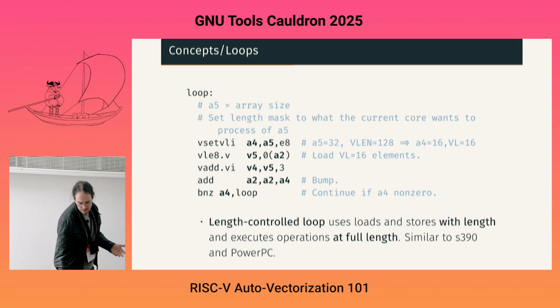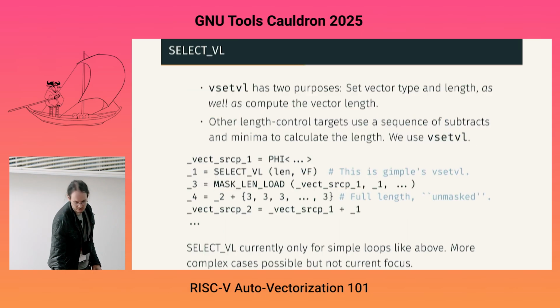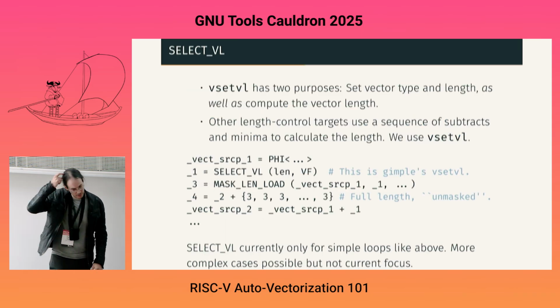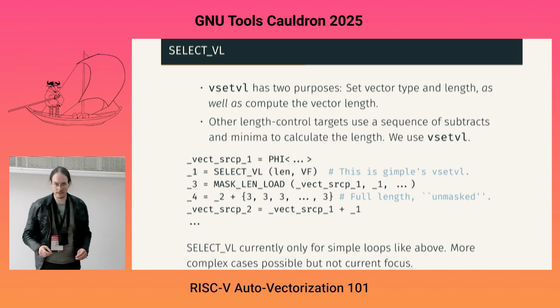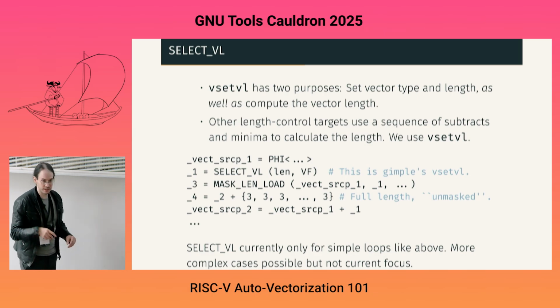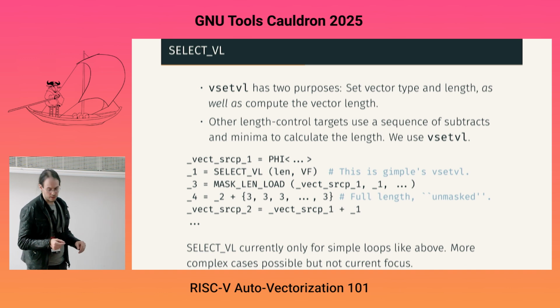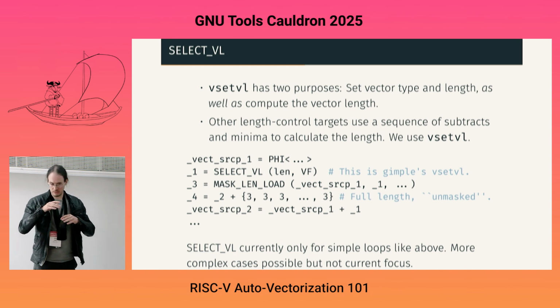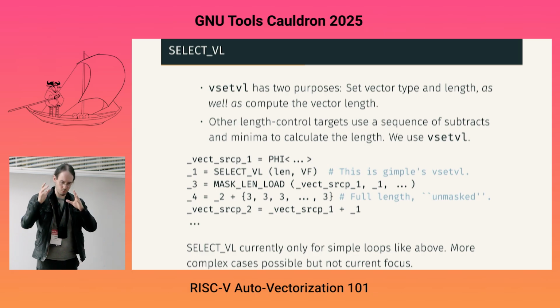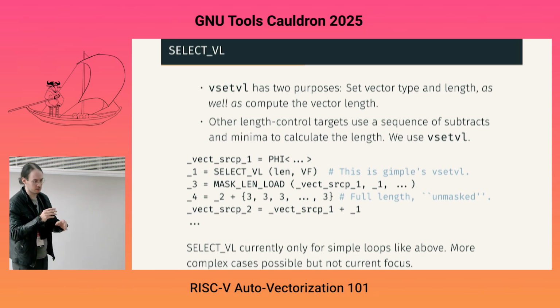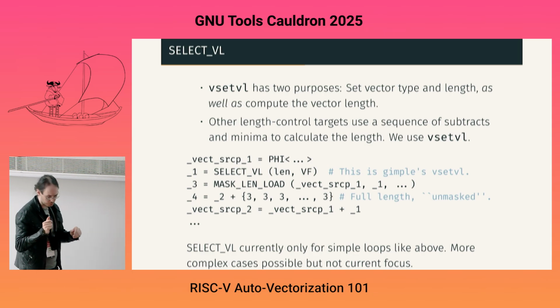So in general, that's how a nice RISC-V loop looks under certain conditions. How does it look in GIMPLE? I said other architectures also have this, like S390 and Power. They use a number of minimum and maximum operations to determine how many elements are left to process.